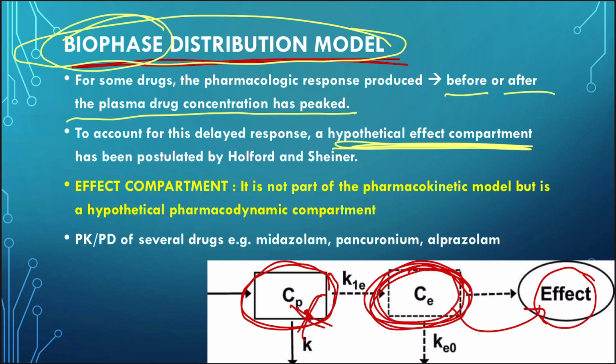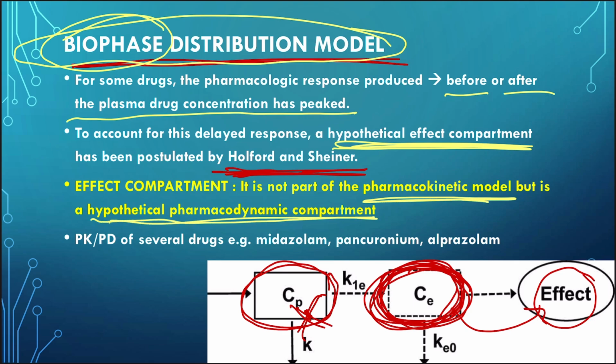That is the reason why we introduce this effect compartment, which is a hypothetical pharmacodynamic compartment. This effect compartment was postulated by Holford and Sheiner, the scientists who recommended it. So the effect compartment is not a part of the pharmacokinetic model, but it is a hypothetical pharmacodynamic compartment.